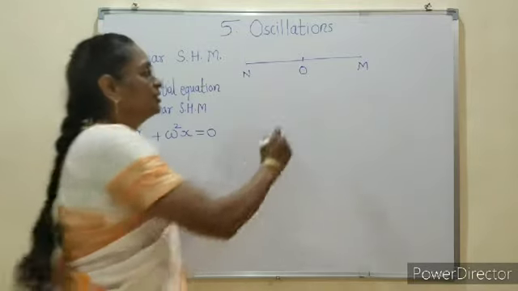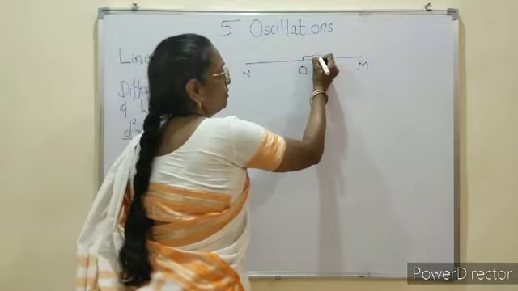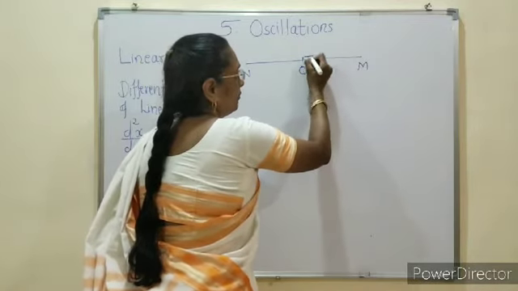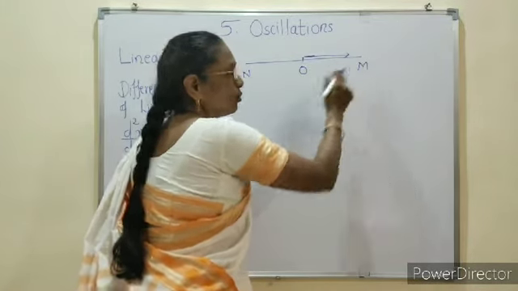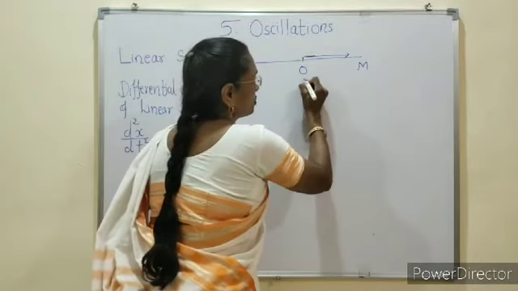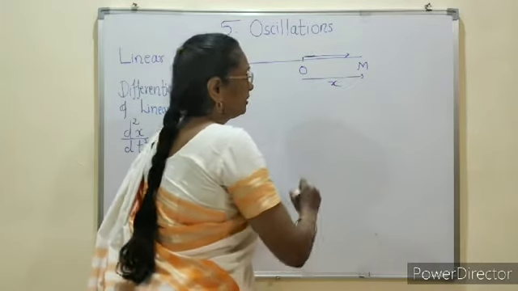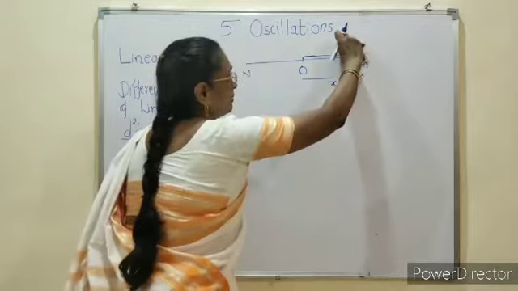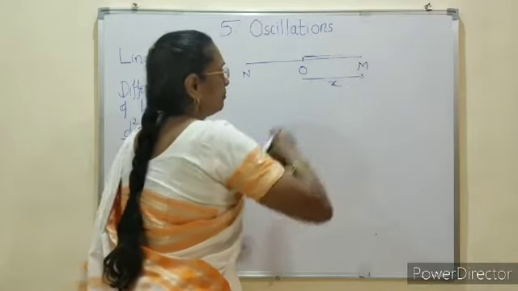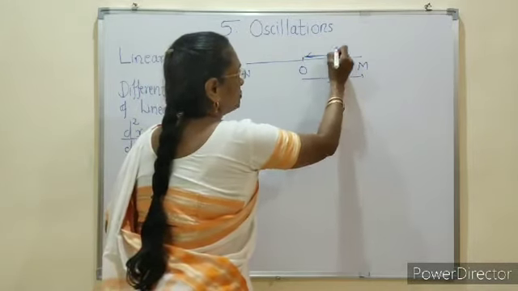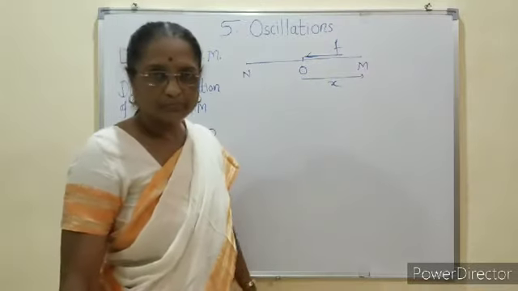In that case, for the force acting on the particle when it moves from O to M, the displacement can be shown by x here, but the force acting on the particle or oscillator is towards the mean position.